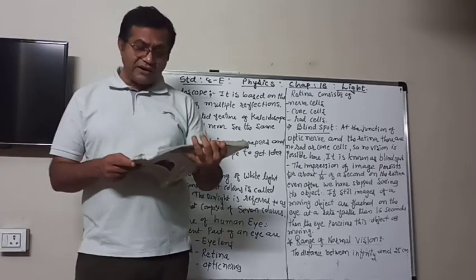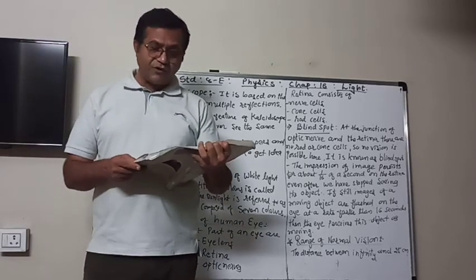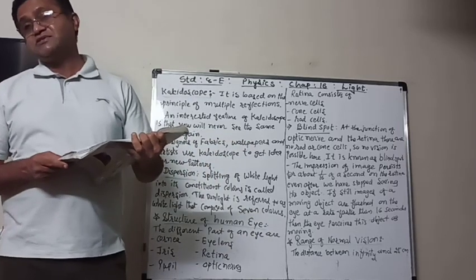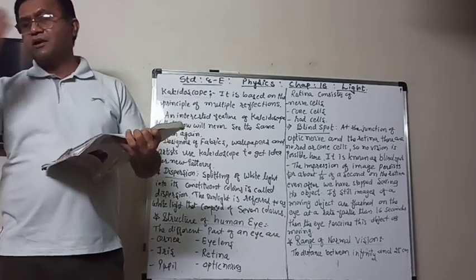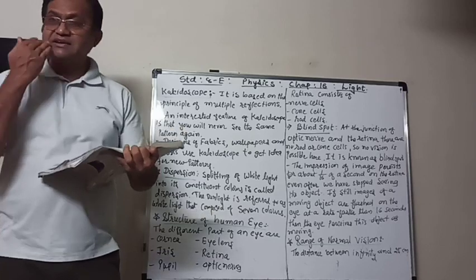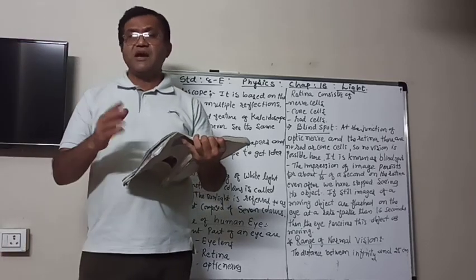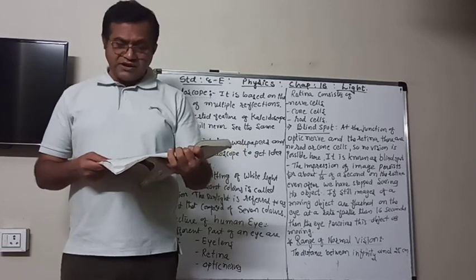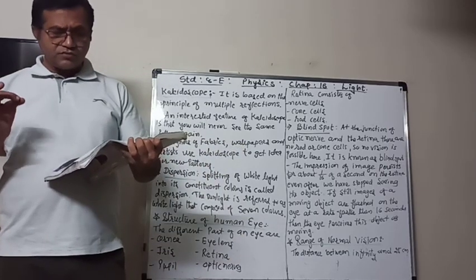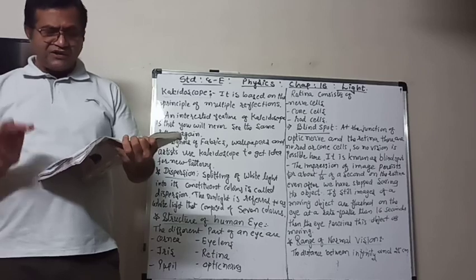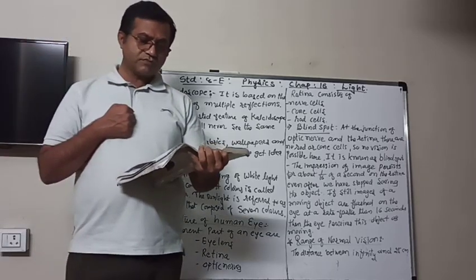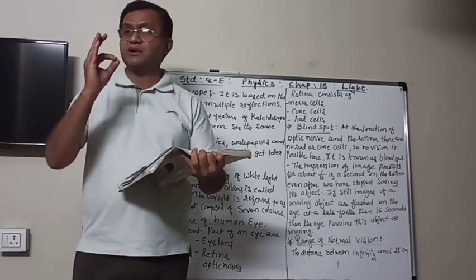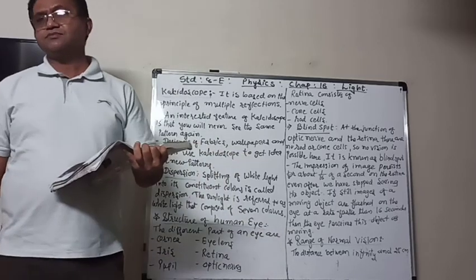We see things only when light coming from them enters our eyes. So when the light coming from the object enters our eyes, we are able to see that object. Now the eye has a roughly spherical shape, and as I told you, it is a very important sense organ.